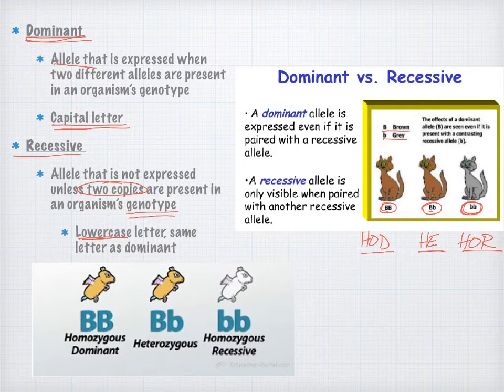Same thing with these guys. We have brown flying piggies for both the homozygous dominant, because it'll take on the dominant trait, and the heterozygous, because of this dominant allele, it'll show the dominant trait. And then the homozygous recessive, both lowercase, both recessive alleles, will take on a different color for that guy.